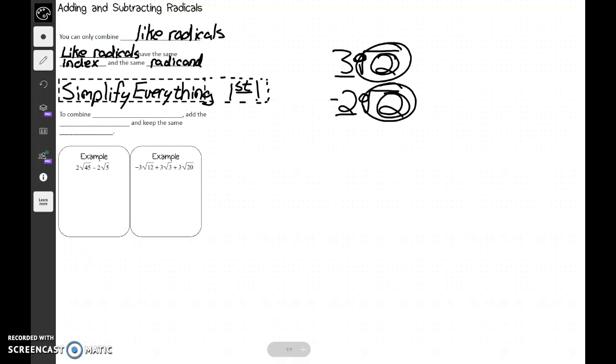That's always the first step in adding and subtracting radicals. Now, underneath that it says to combine like radicals. So to combine like radicals, we want to add the coefficients and keep the same radical.